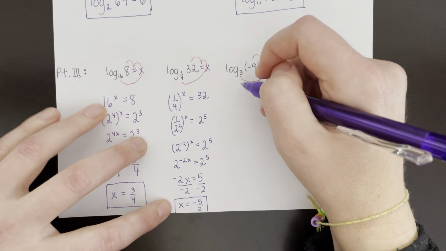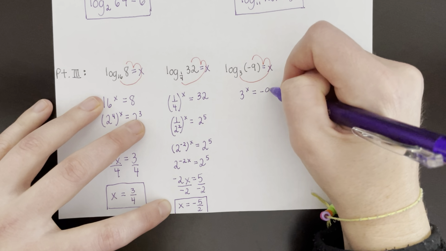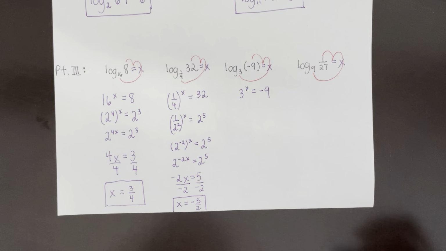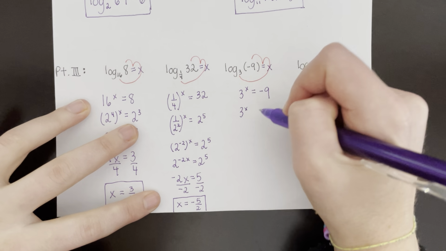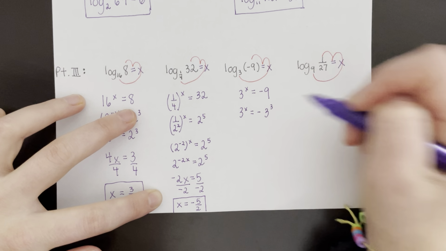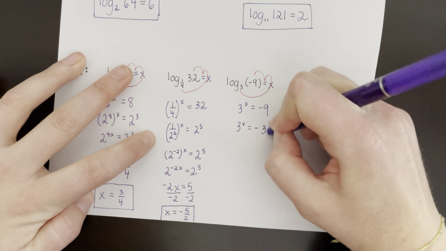Alrighty, so this one, 3 to the x equals -9. Right here you can stop, because with this base of 3, there's no way to get these equivalent. This is a 3 to the x. Oops, I put 3rd, I meant squared.